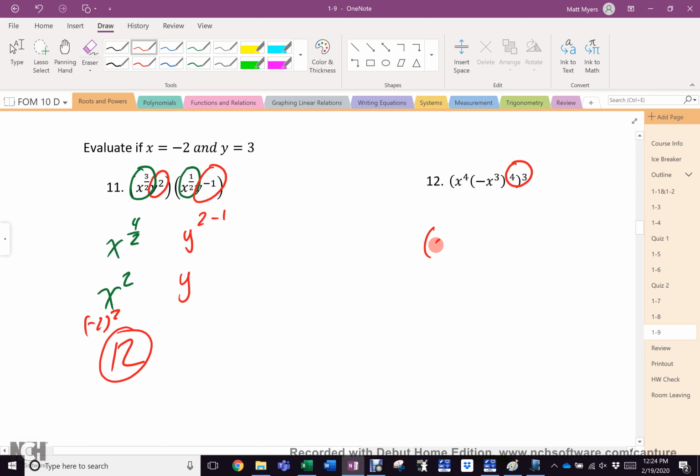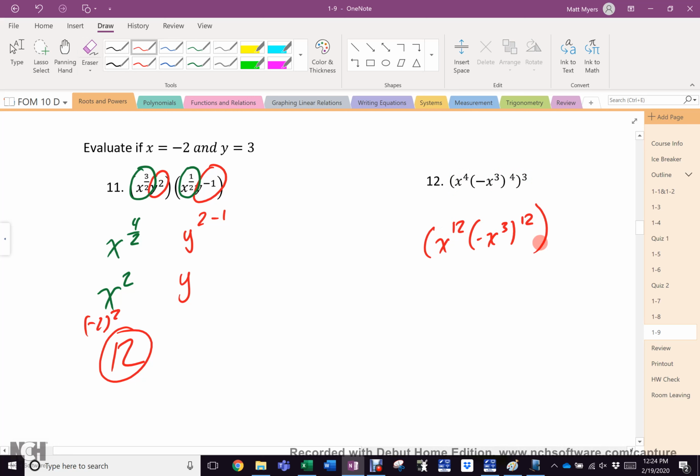And you would get x to the 4th, negative x cubed, to the 12th, which is pretty good, except if you do that, you make a small error. Because that 3 also needs to apply there, because it's in big brackets. So you would actually have x to the 12th there.